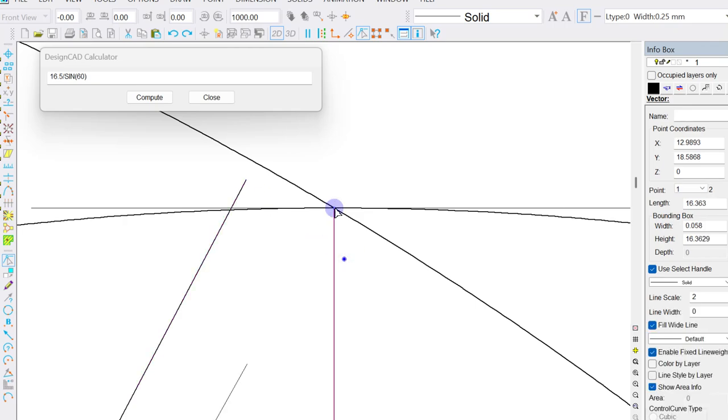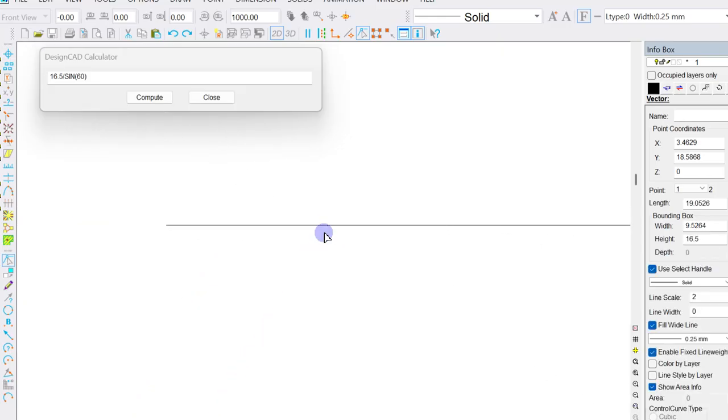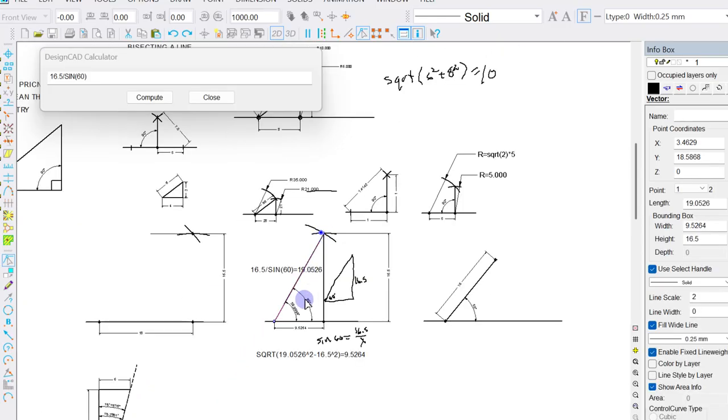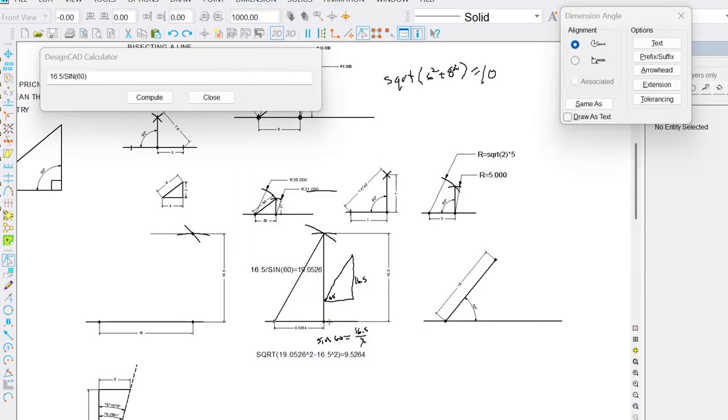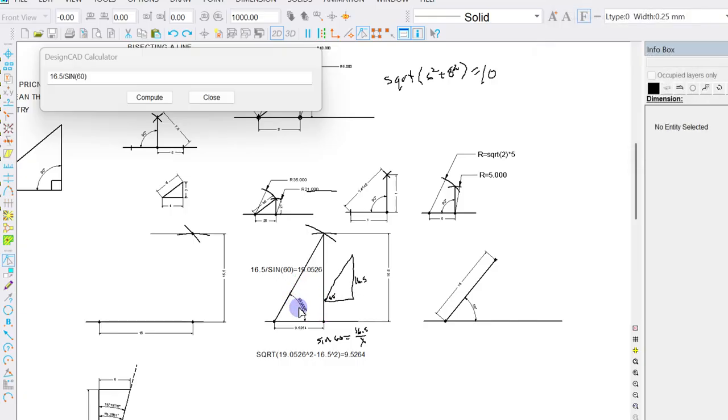F4. See if that came out closer to 60 degrees. Just out of curiosity how this program, Alt MA. Okay, so it's still the same.